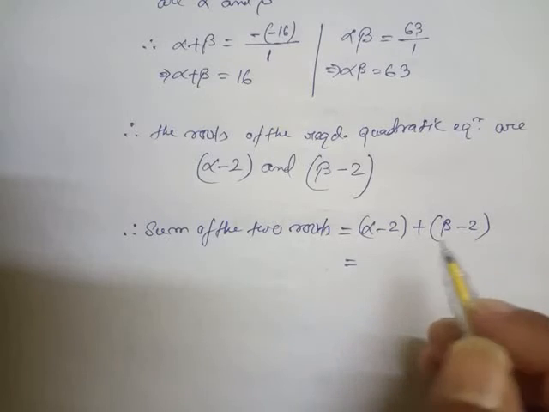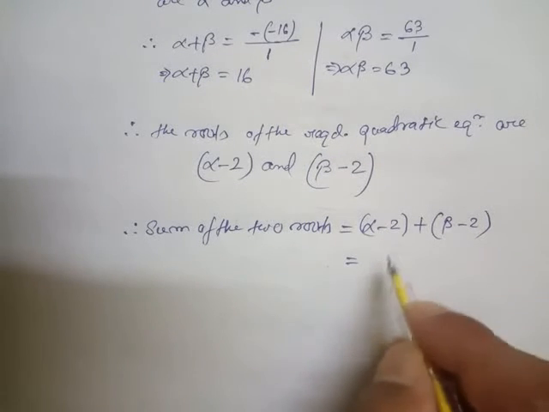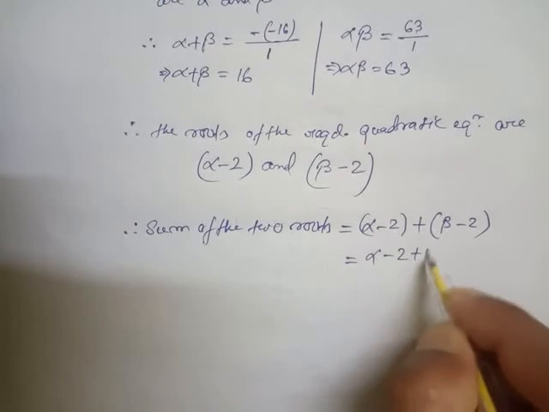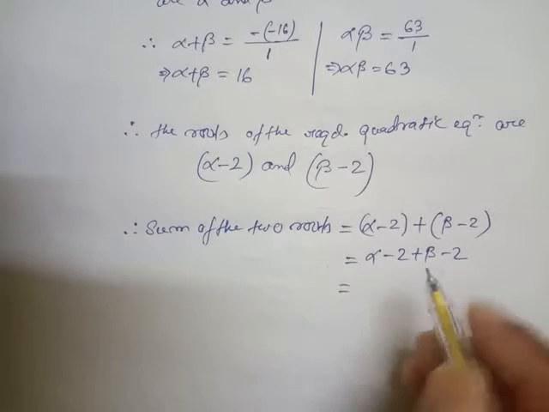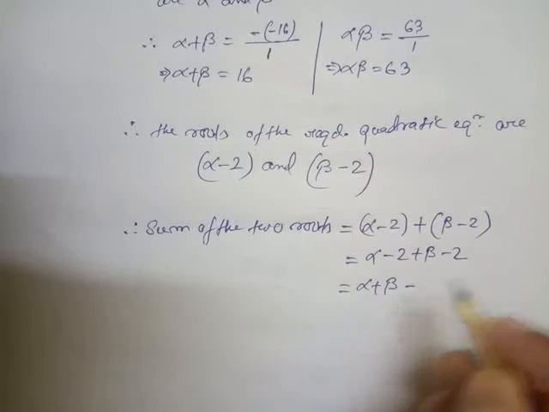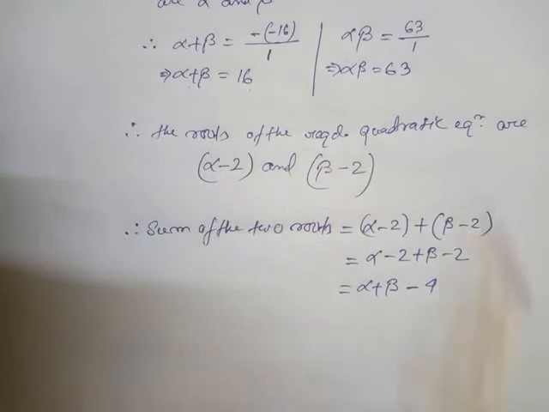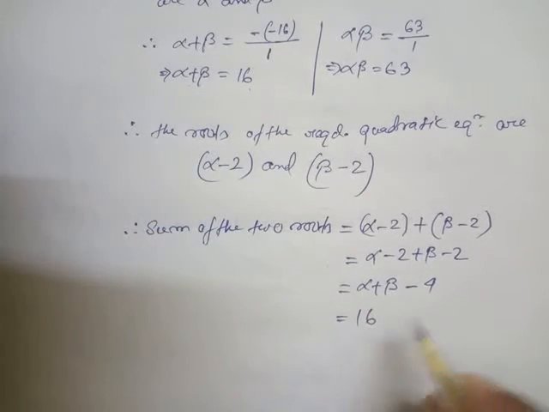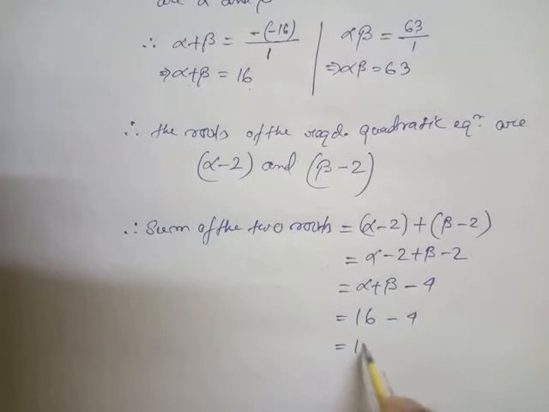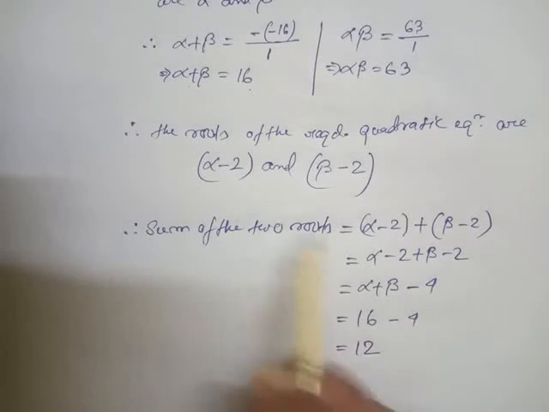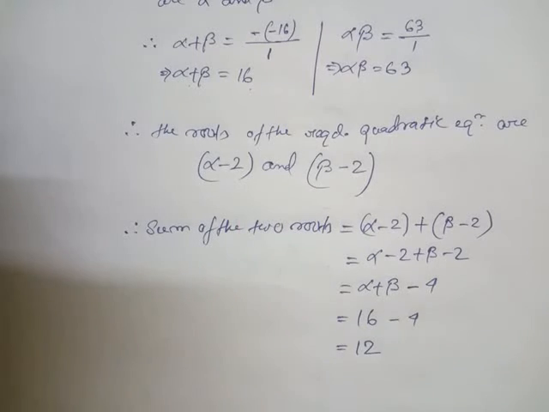If I remove the brackets, alpha minus 2 plus beta minus 2 gives alpha plus beta, minus 4. The value of alpha plus beta is 16, so we put 16 directly: 16 minus 4 is 12. This is the sum of the two new roots.